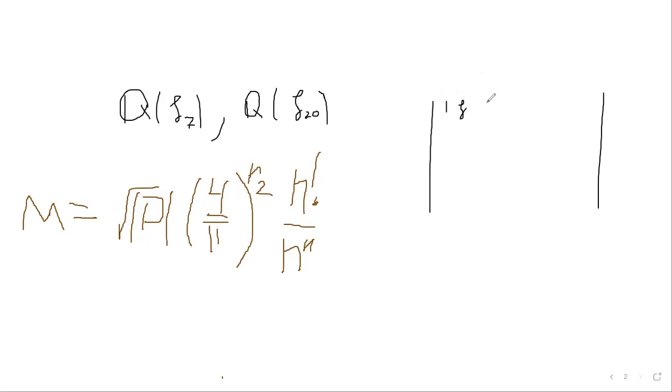This is going to be zeta, this is zeta squared, and zeta to the power of 5, because they should be linearly independent. No, it's not all of the zetas, because their sum is 0, so it's not a basis.